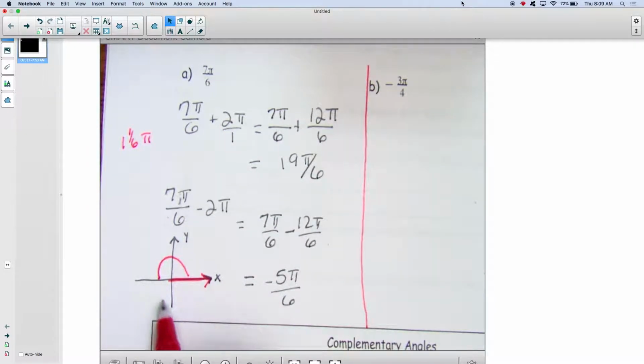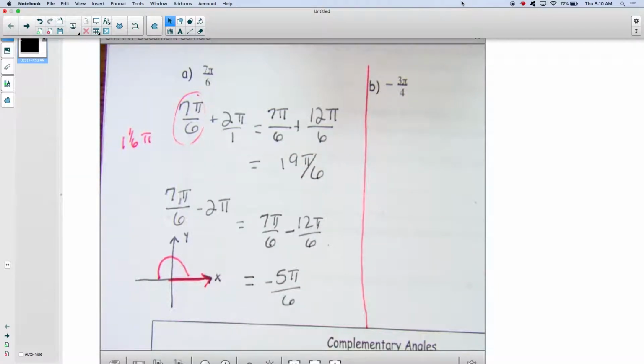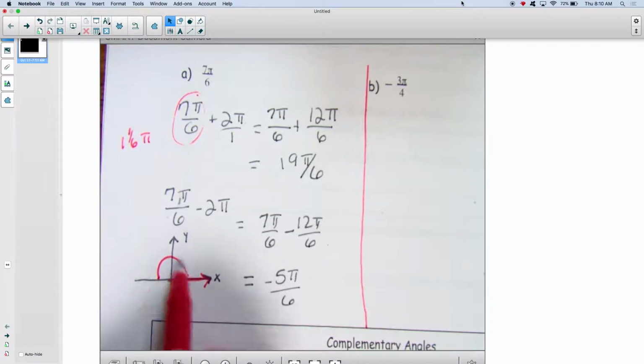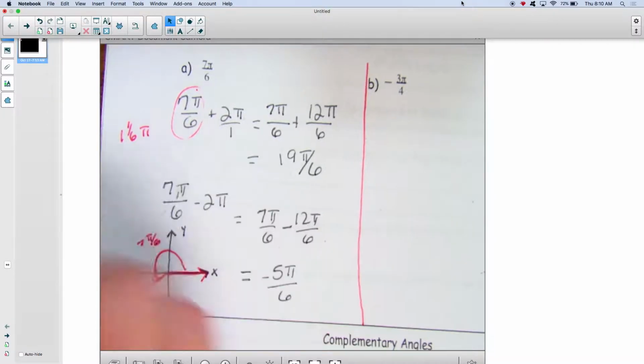Well, this is a half a pi. Where's pi over 6? Is pi over 6 going to fall before a half a pi? I'm graphing this one first. So that's 1 1/6. This is 1 all the way down. Here's a half. So a 6th is going to be somewhere right in here. So there's 7 pi over 6.